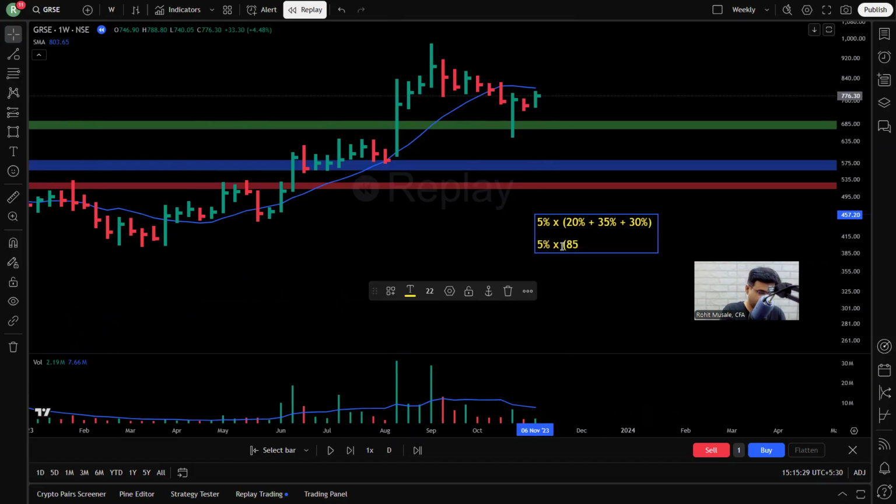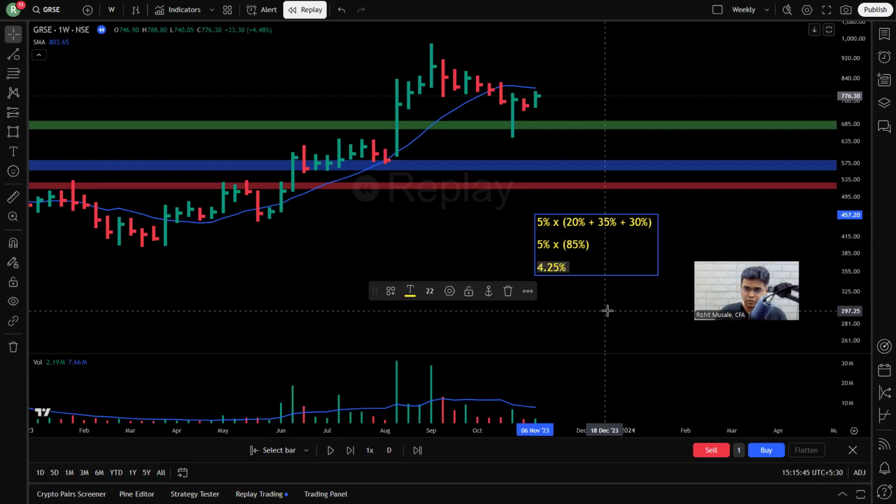Okay. 85%. What is 5% of 85? 4.25%. So this is the return that you make on the stock on a portfolio level. So one stock contributes to 4.25% of gain on your portfolio.